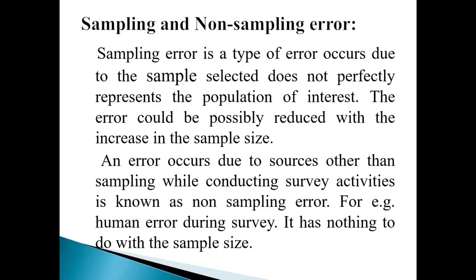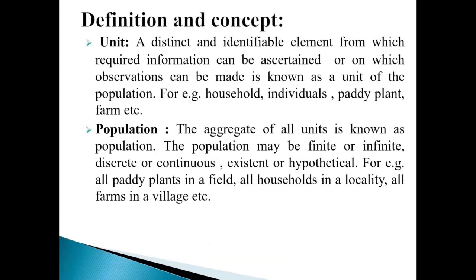But they don't study the whole population. They take a portion of the population and give a certain inference, a certain conclusion regarding the population. So these are the two types of error we have come across, and these are some of the concepts we have to understand while studying this particular sampling.